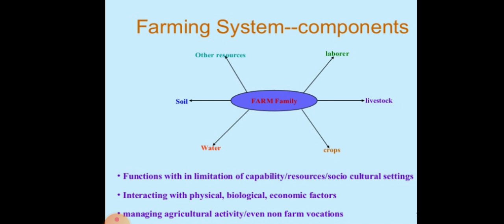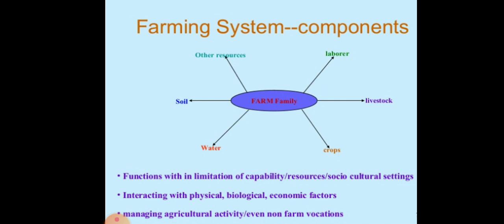So why does the circle graph state farm family? Because the farm comprises not only the farmer but also the members of the family, who must be part of the farming system in order to help in planning.